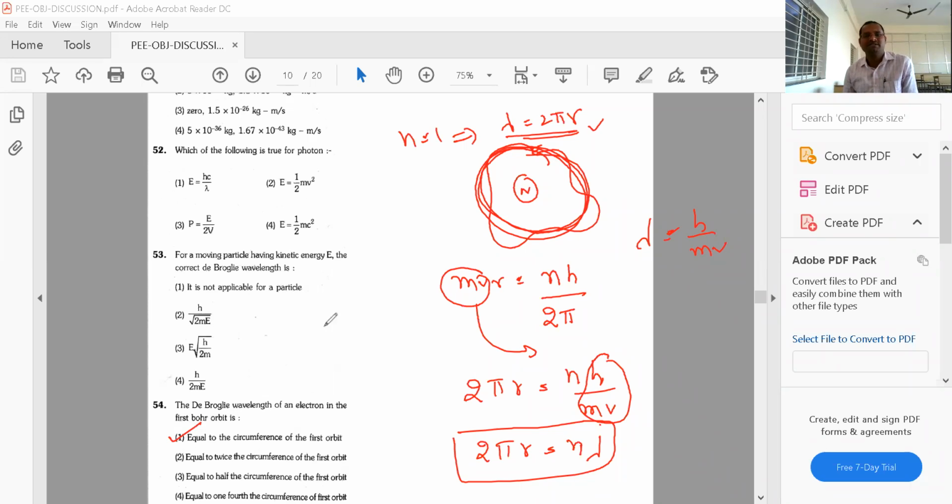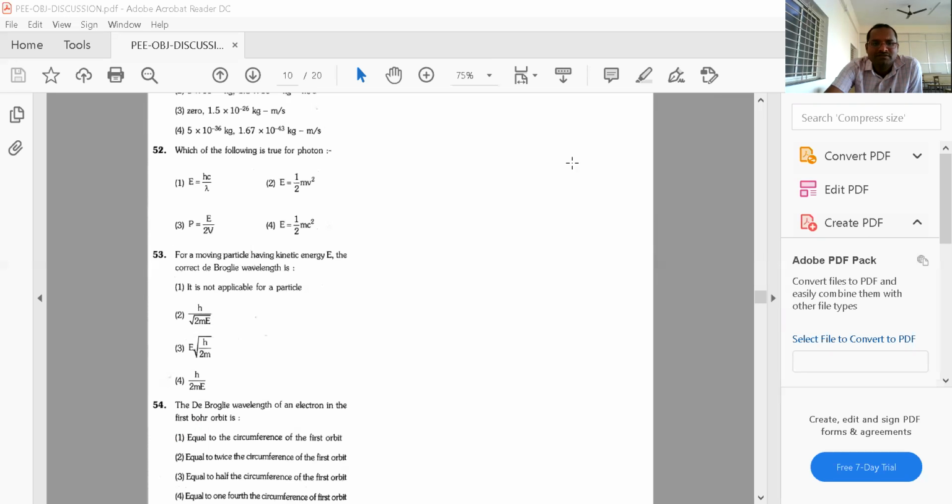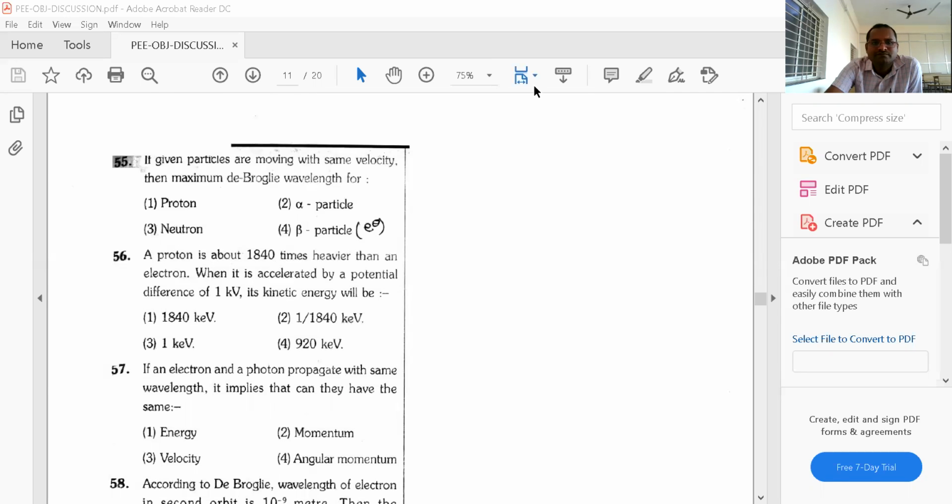Option 1 is the right answer, and it is an important question for CBSE students. Remember this type of questions. Next, 54 is over.